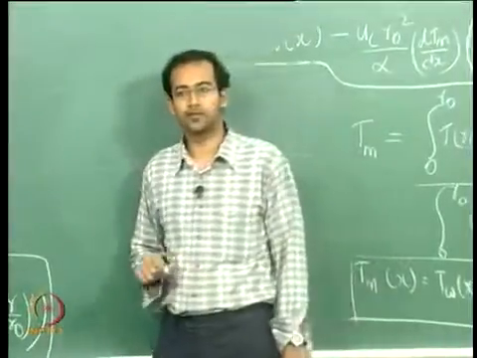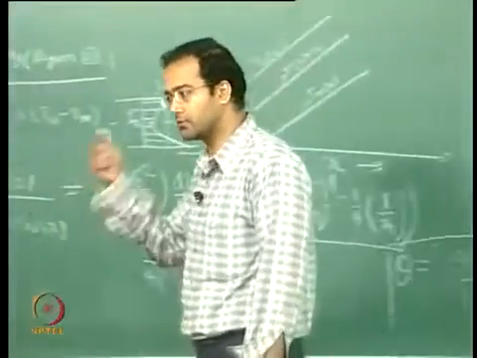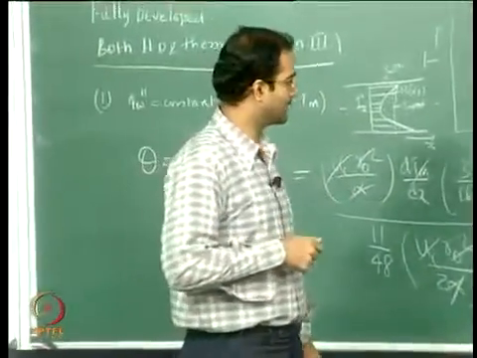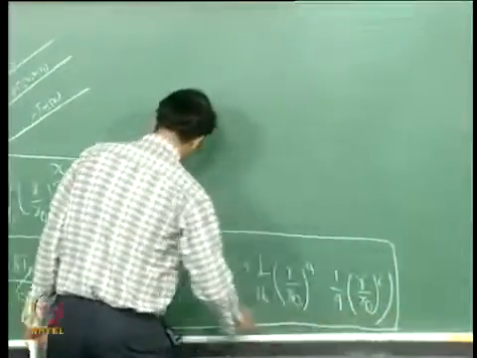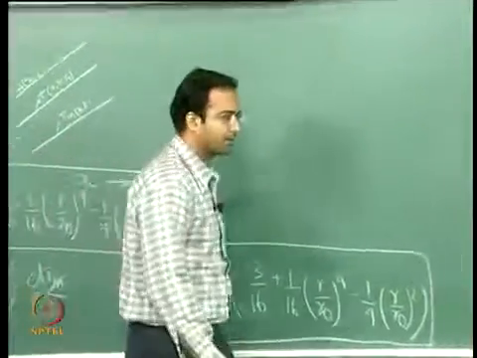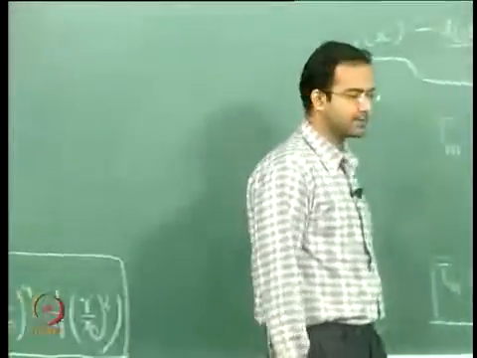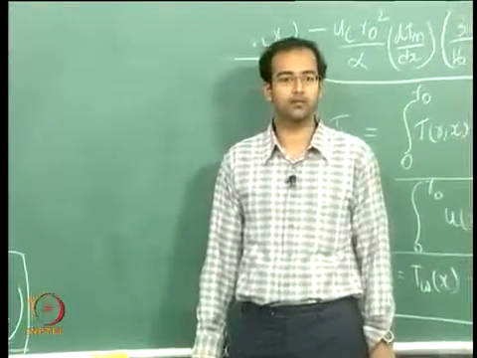So this proves the assumption we made. Of course we used that assumption also, but that correlates with what we find finally for theta. So this is only a function of r. Now you can use this definition of theta and calculate your heat transfer coefficient.